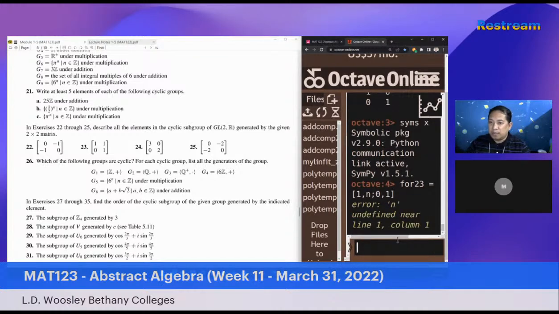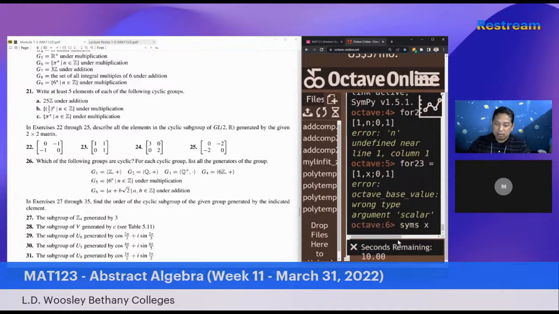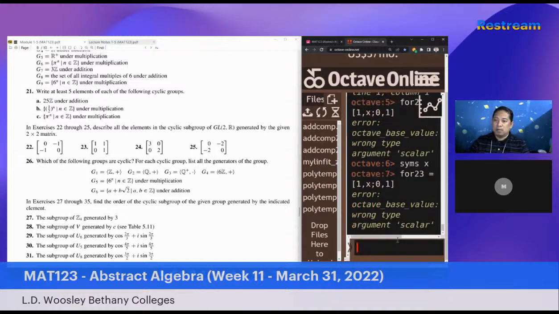So n could be any value, or x rather, could pertain to any values. So actually x is not allowed there. But that would include x.